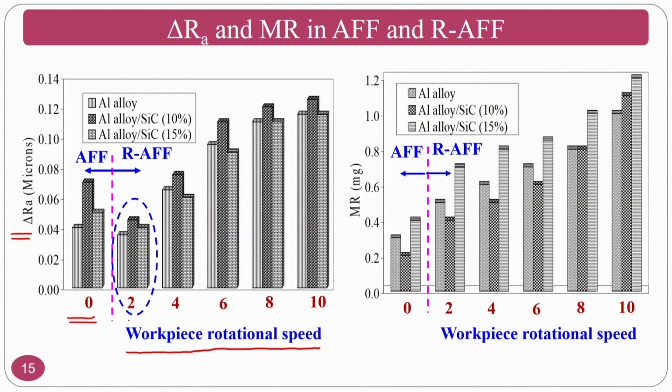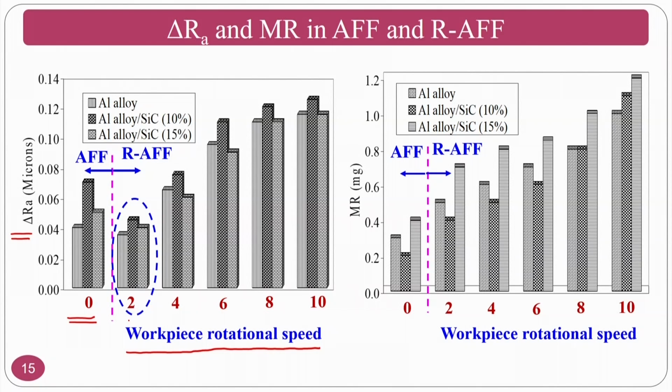The thing is, at 2 RPM, which is too low a speed, your tangential force and tangential velocity will be much less, or you can say nearly minimum. That is why there is not much difference. But why it is reduced, even though it is less, that part I will talk about in the next slide.